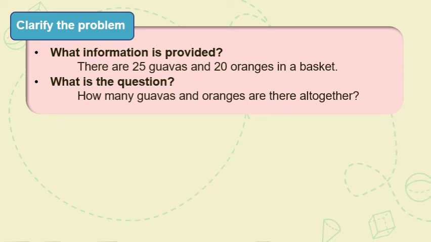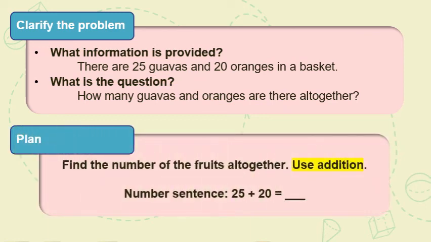Step number 2, we are going to plan. In the question sentence, it says, how many guavas and oranges are there all together, right? So we are going to find the number of the fruits all together. When you say all together, you're going to combine all the guavas and oranges.